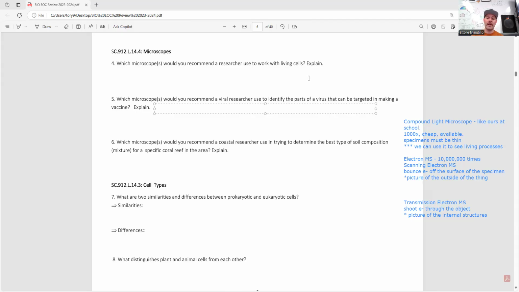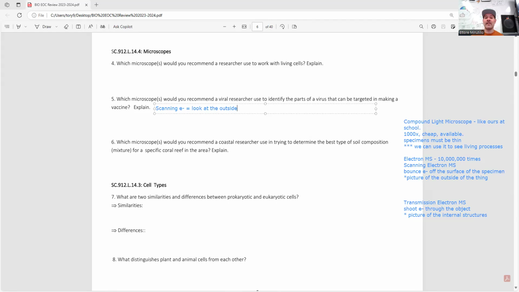So based off of what we had said earlier about our microscopes, this one is more than likely going to be our scanning electron microscope. And again, this is related to the fact that scanning electron microscopes look at the outside of things, which is going to make it more useful in that type of a situation.